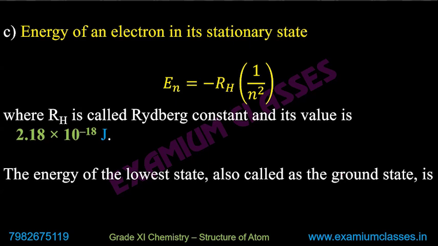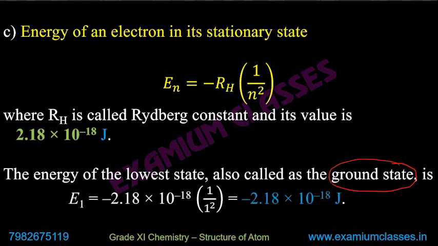The energy of the lowest state, also called the ground state, I told you n equals 1 is the ground state in the case of hydrogen, is E1 equals minus 2.18 into 10 power minus 18. This is RH, 1 divided by n square, n is 1 here. It means the same will be the energy of the first orbit of hydrogen with a negative sign.